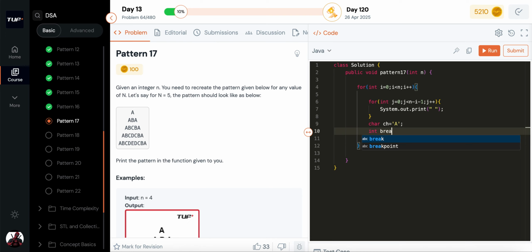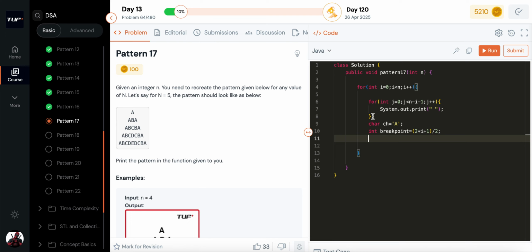Int breakpoint equals 2 into i plus 1 divided by 2. So before the breakpoint, we should increase the character. After the breakpoint, we should decrease the character. Okay.